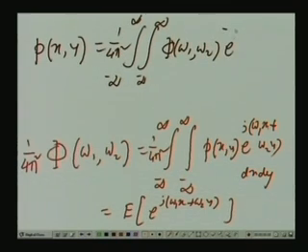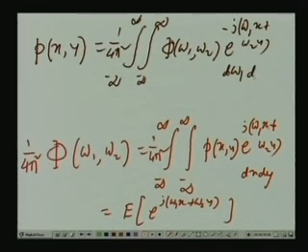Now the minus sign will come, it is power minus j omega 1 x plus omega 2 y, but the integral will be with respect to omega 1 and omega 2. Okay.